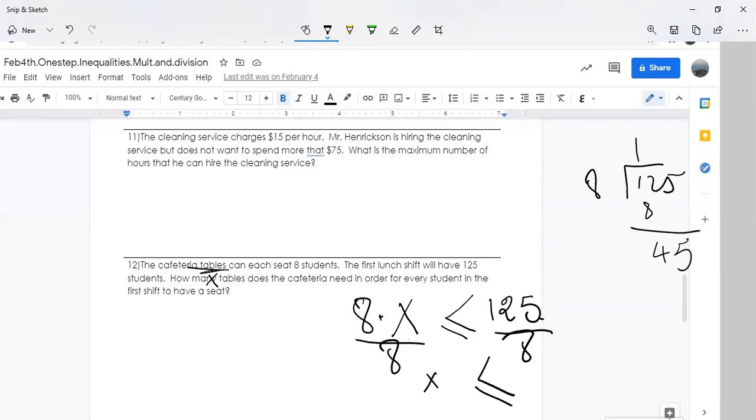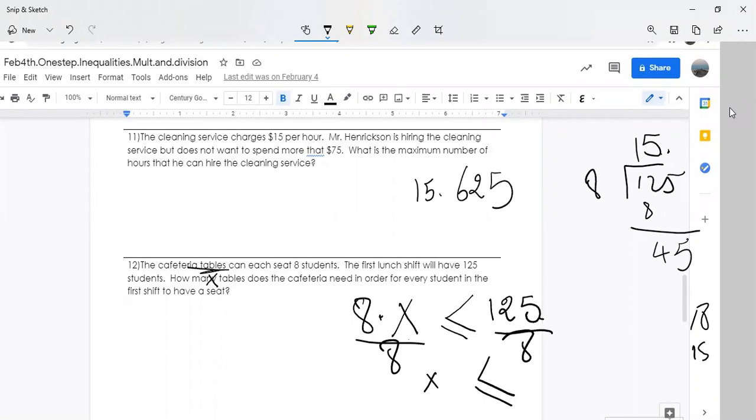And divide by 8, that gives us 5. And then it'll be 15 point something. So 125 divided by 8 gives us 15.625.